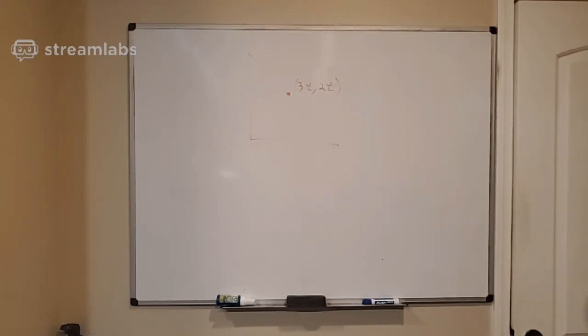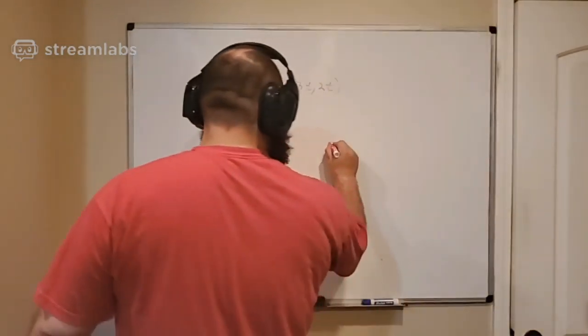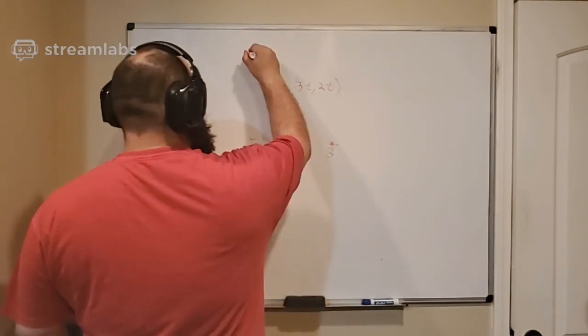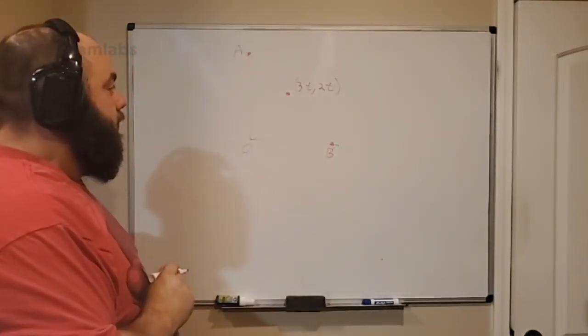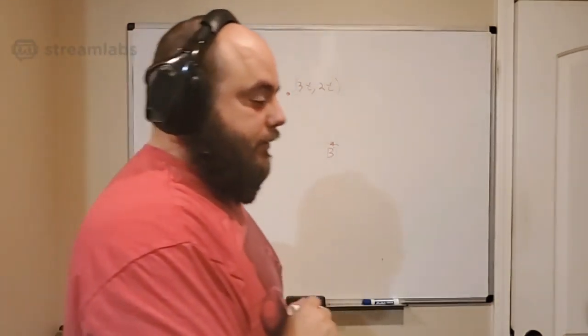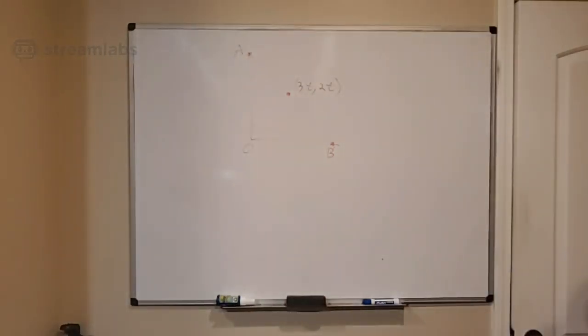This is B, that's A, that's O. Well, how do I find the area of a triangle? Hopefully everybody should know this one. 1/2 base times height.